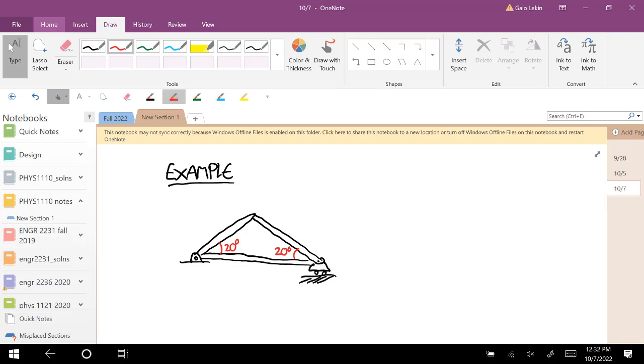And let's say that the lengths of each of these are 1 meter. So that means we can calculate whatever we have to about that horizontal member.